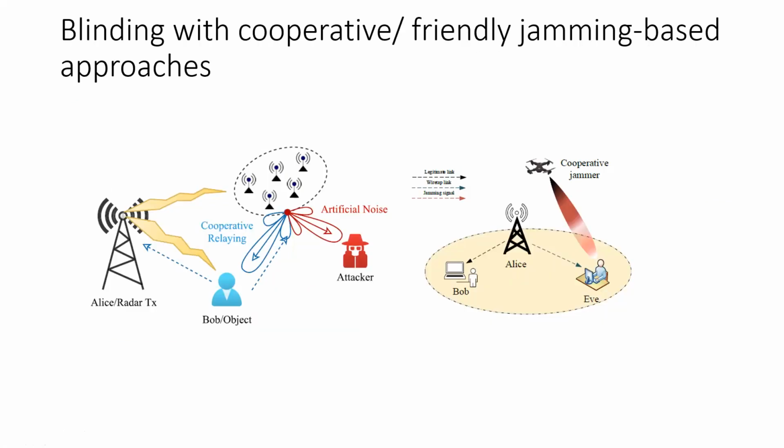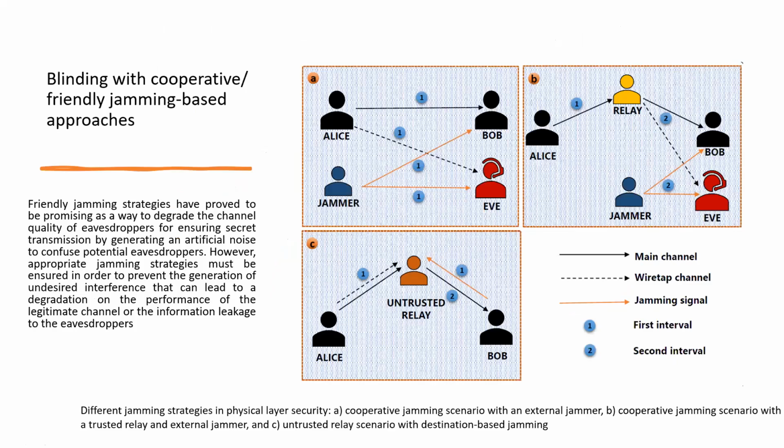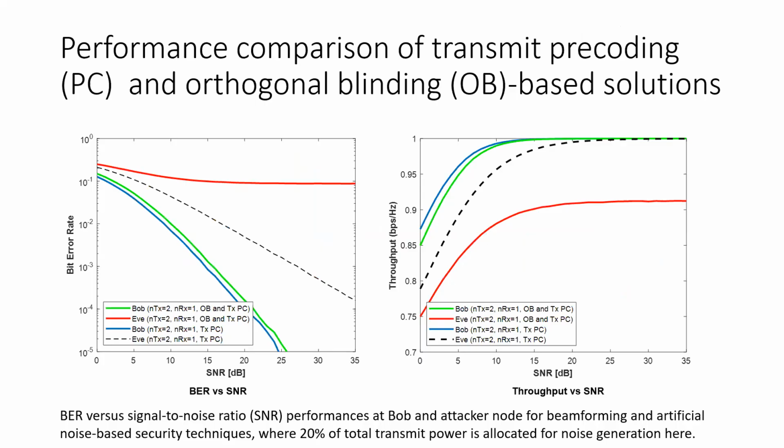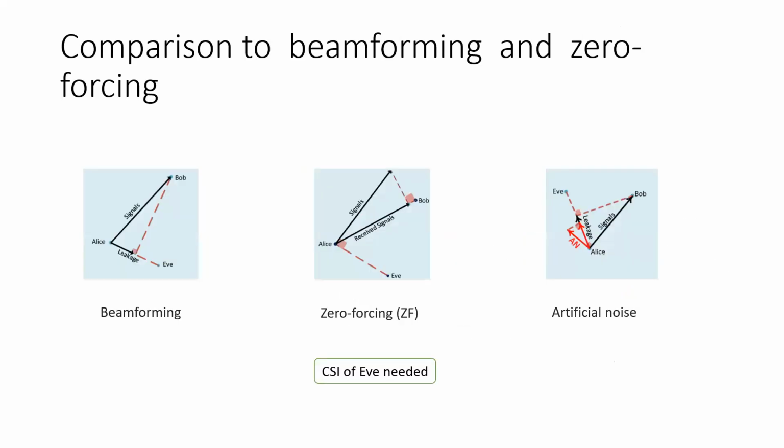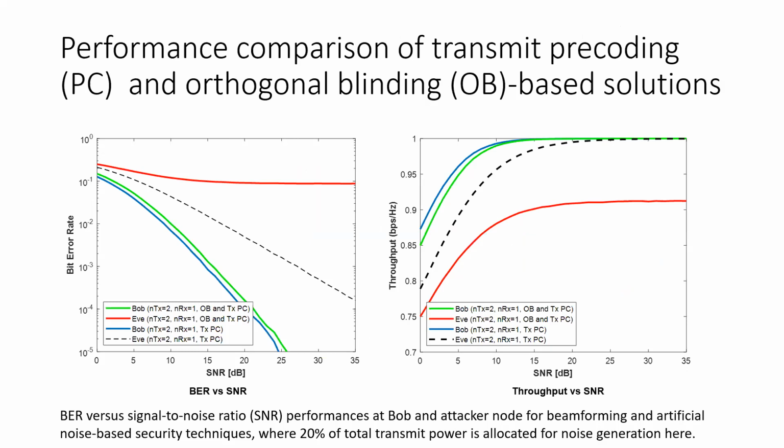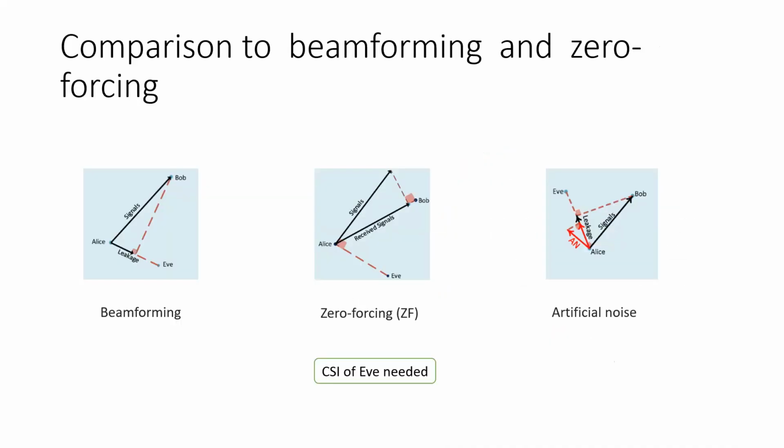As I explained earlier, previously we discussed how multiple antenna based techniques can enable artificial noise. We need multiple antennas at the transmitter, whose number should be greater than the number of antennas at the receiver, to enable these MIMO based artificial noise techniques.